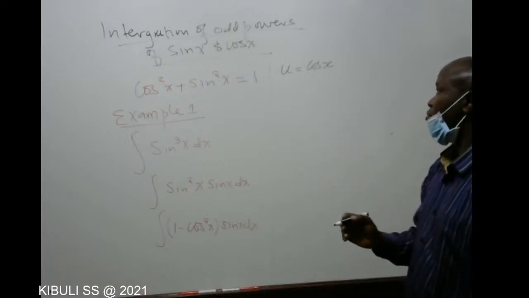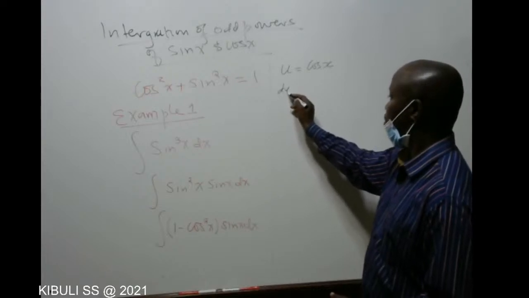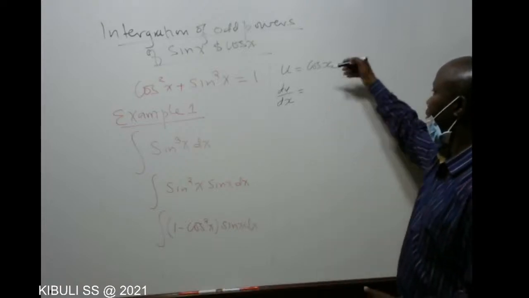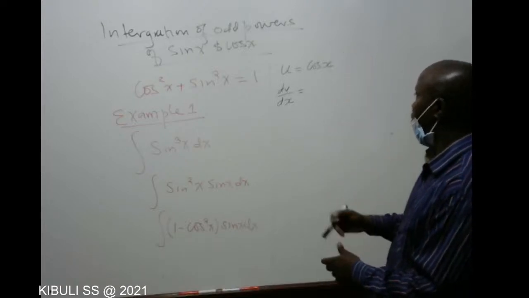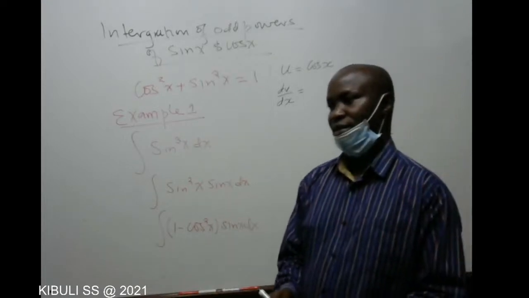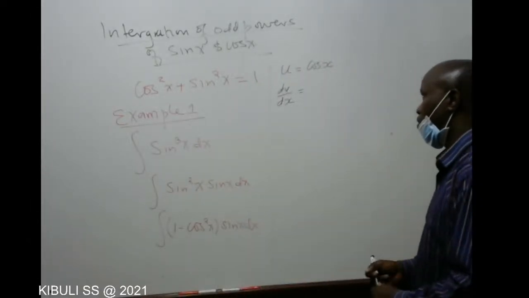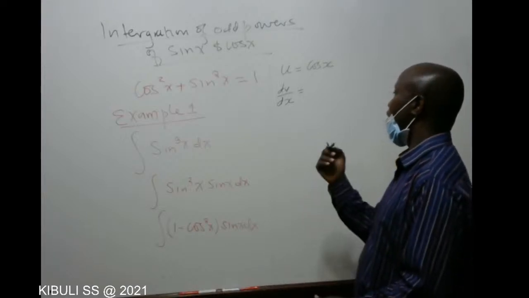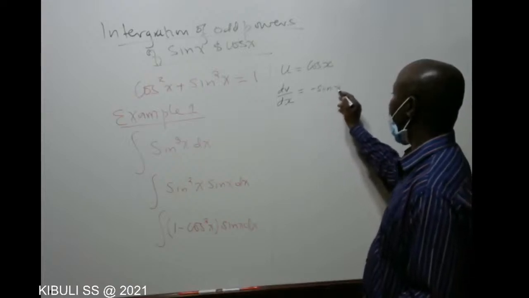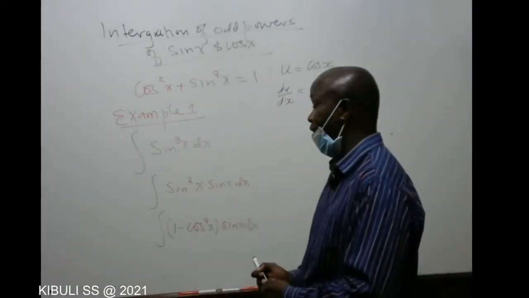And from that point, we must differentiate to get du over dx. We are expecting dx. So differentiating cos x, you get negative sin x.